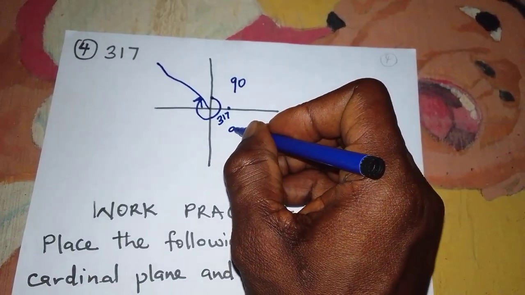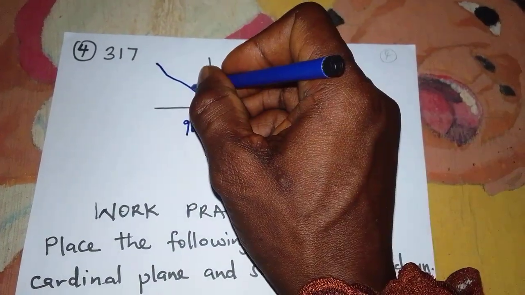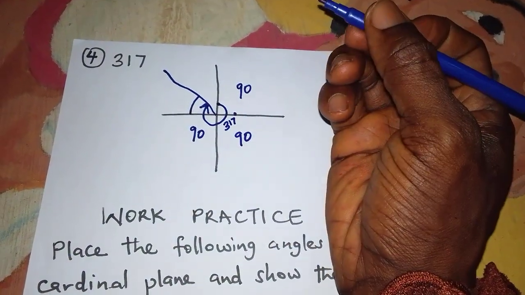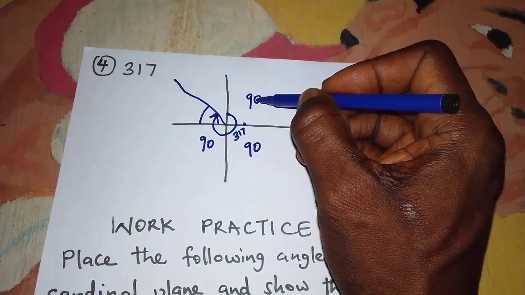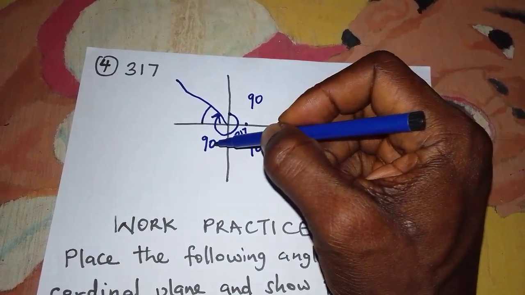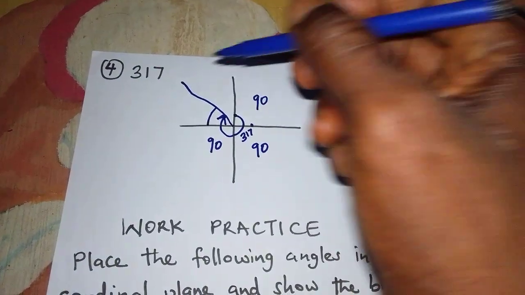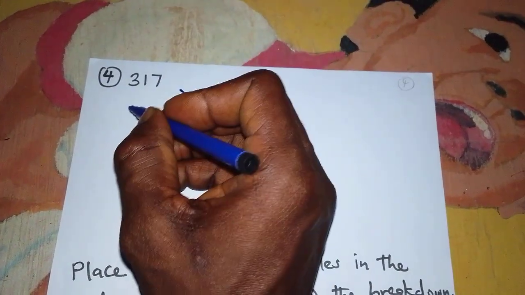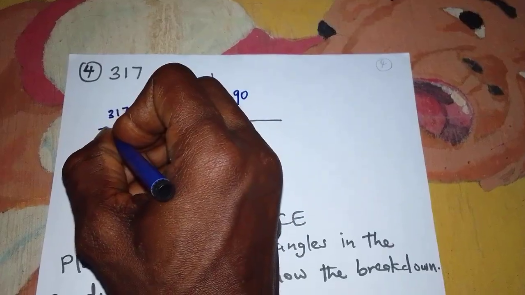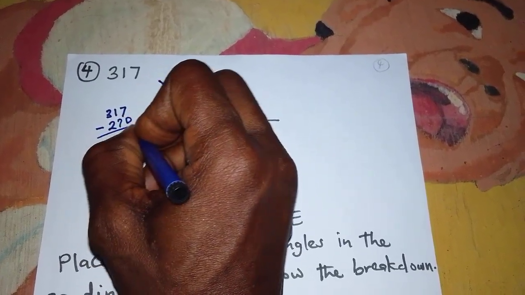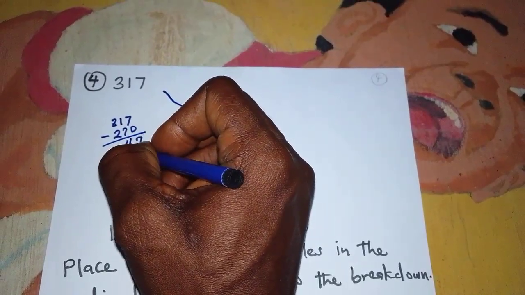If we want to break this down into the quadrants, this first one is 90. This is the second quadrant, 90. The third quadrant we have 90. Then you want to know the value of this angle that is here. We are having 90 plus 90 plus 90, which will give you 270. If you subtract 270 from 317, 317 minus 270 will give us 47.